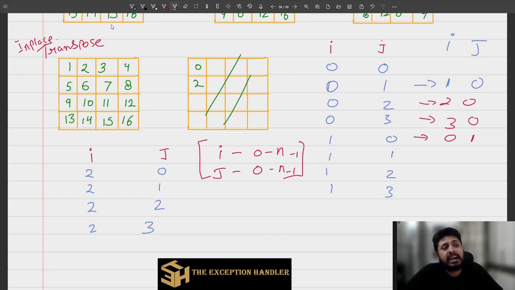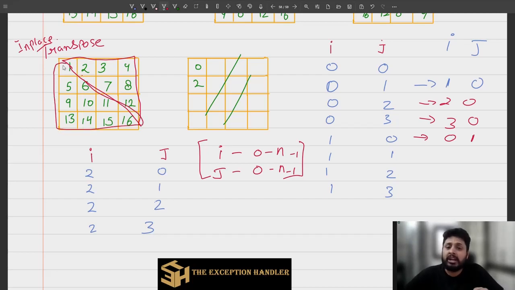I would take either the first half triangle and swap it with the other half. So I would only take indexes that fall either in this part of the array or this part of the array.